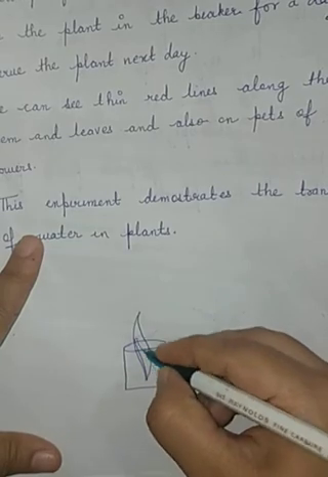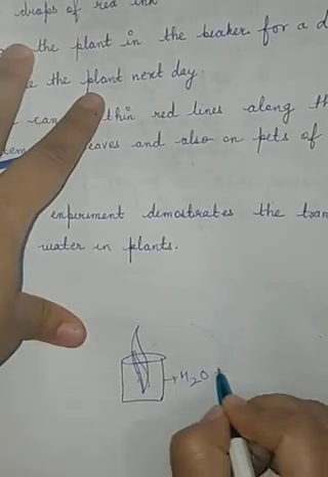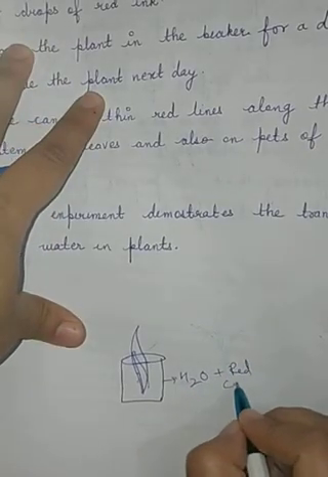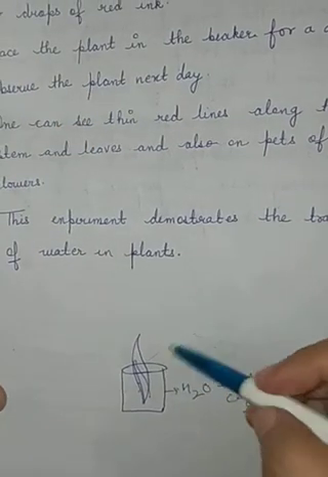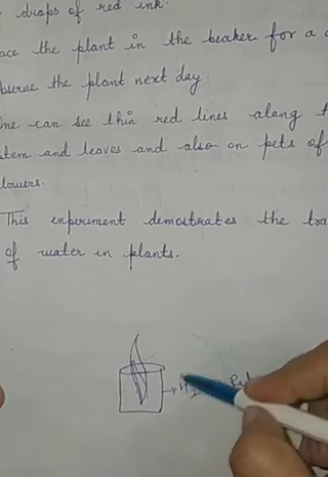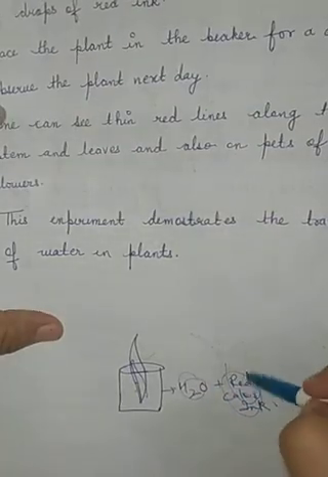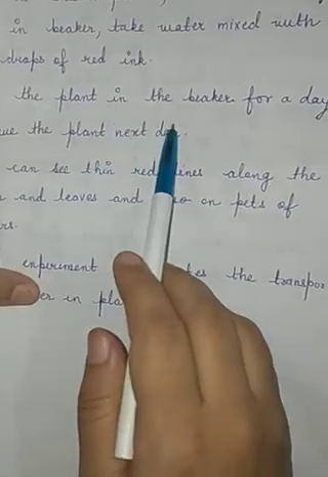You put this plant in, and in the beaker we will put water plus red ink. So you will place that balsam plant in the beaker, and the beaker will contain water and red ink. Then place the plant in the beaker for a day.